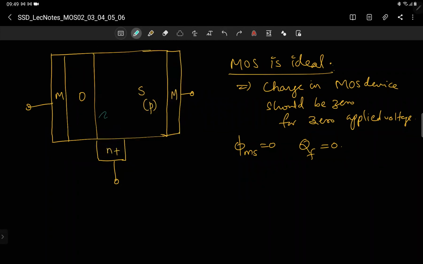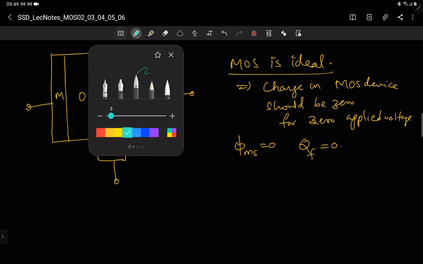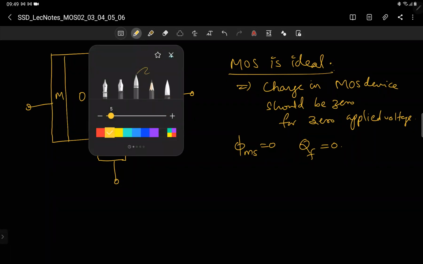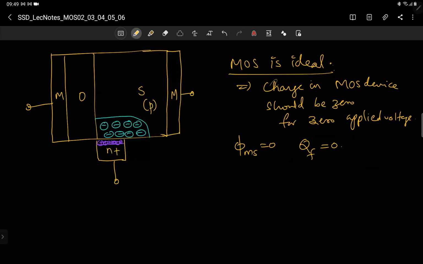So let us draw it that way. You have a depletion because of N plus, and depletion in N plus is also very small. So it is clearly seen that even in the ideal MOS case, you have some charge in the semiconductor because of this N plus contact.